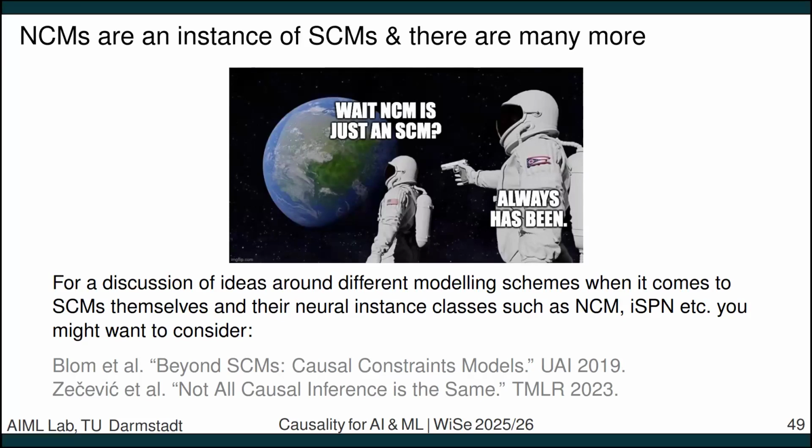Then we have seen causal VAEs, which are a way of handling causality in image data, also with the benefit that we can apply interventions and maybe compute counterfactuals. Then we had a look at interventional SPNs and counterfactual SPNs, which are more concerned with large-scale models. And finally, we looked at neural causal models, which are really the neural equivalent of structural causal models.